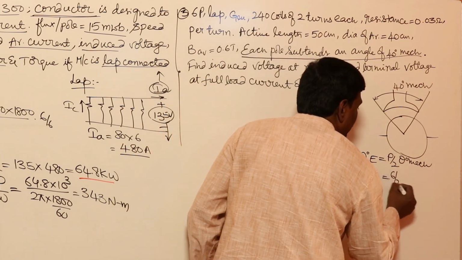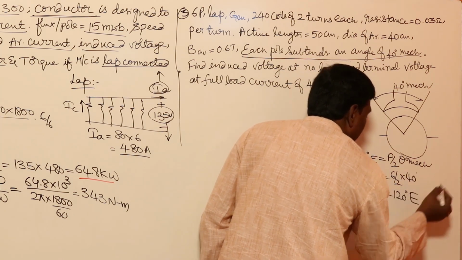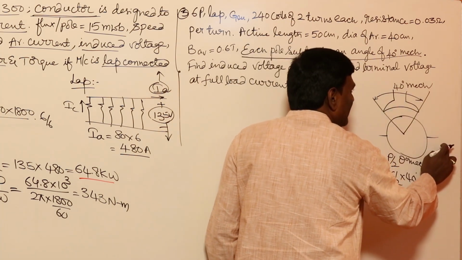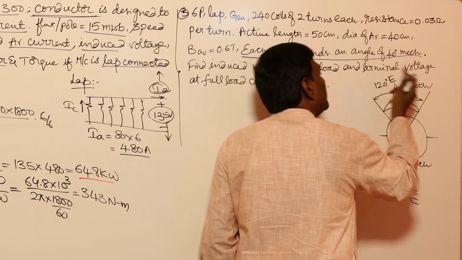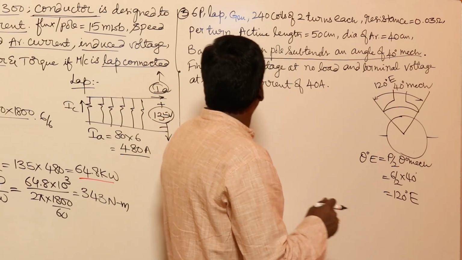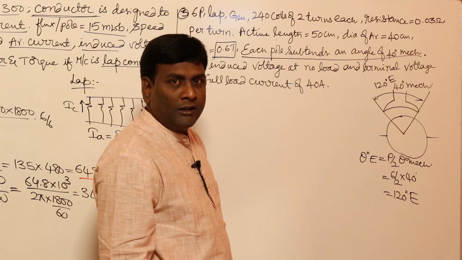So 6 by 2 into 40 degrees is going to be 120 degrees electrical. Means that out of 180 degrees electrical, 120 degrees electrical is going to be my pole shoe area.